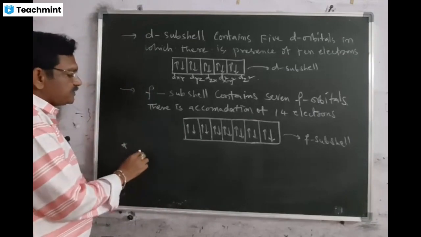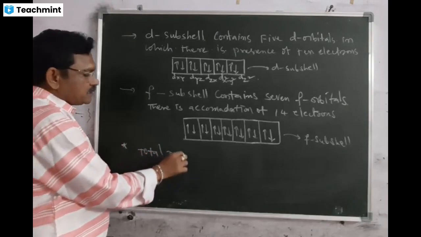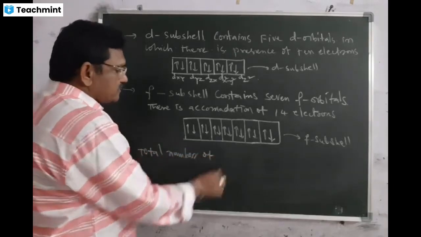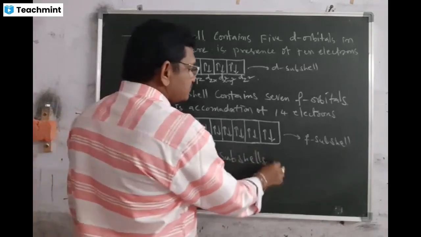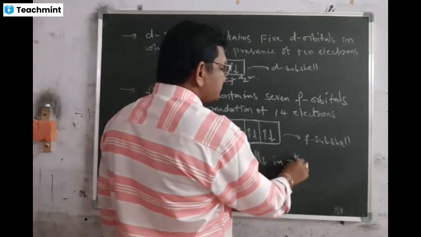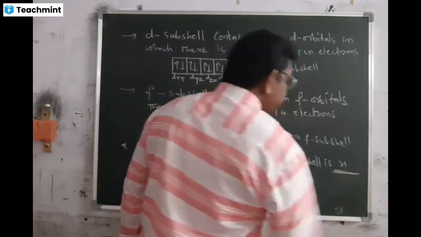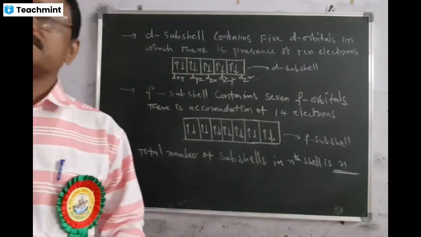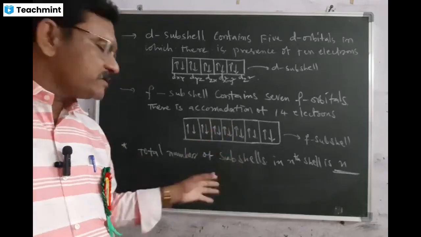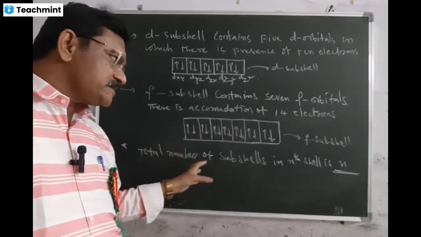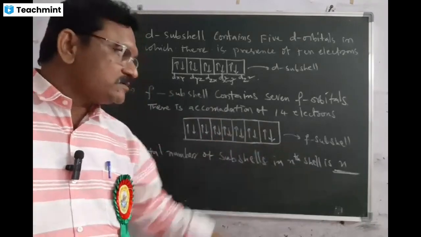Whenever you want to calculate the total number of subshells in the nth shell, it is n. Whenever you want to count the total number of subshells in any shell, that shell number is equal to the number of subshells.